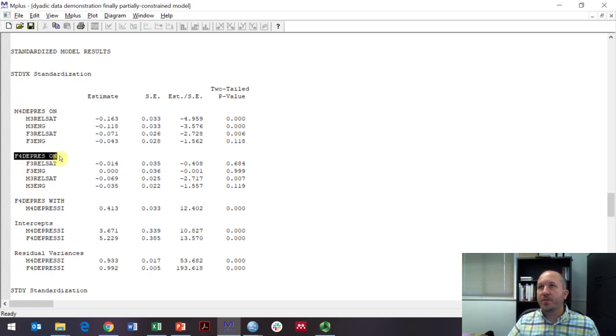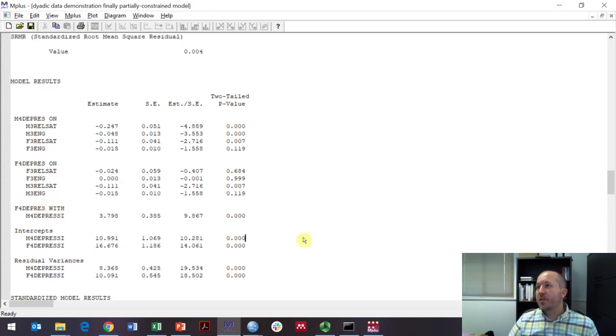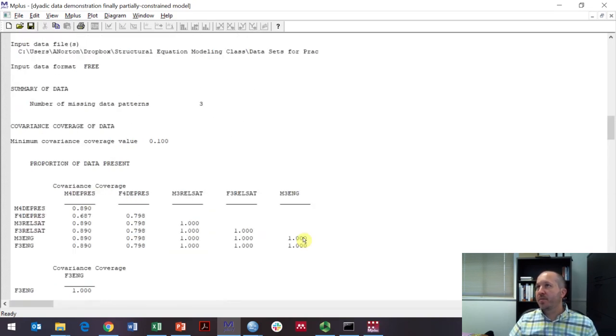And then for fathers in this sample, we only have 1 significant result, and that is for relationship satisfaction. So as mother's reports of relationship satisfaction go up by 1 standard deviation, father's reports of their depression 1 year later go down by 0.07 standard deviations. So there we have our final model, all complete.